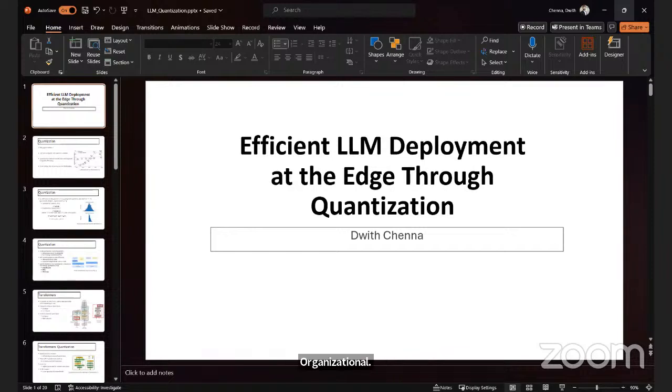So the question is, in regards to quantization aware training, am I aware of any LLM that was trained with QAT, and is it significantly more expensive?